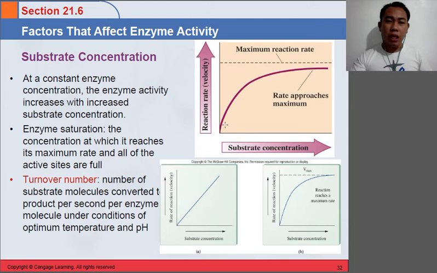The enzyme activity increases until it reaches its maximum. That means it reaches enzyme saturation, wherein all of the active sites are already full. So that will stop the increase in the activity of the enzyme.